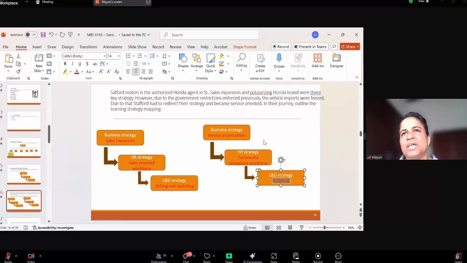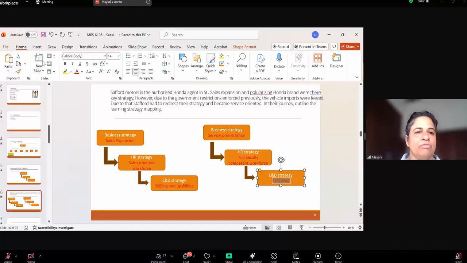So you might think of giving some premium products, right? Likewise, it changes quickly compared to earlier, the change cycle is shorter. Therefore, HR and the learning strategy should be flexible enough to accommodate these strategic changes, right?